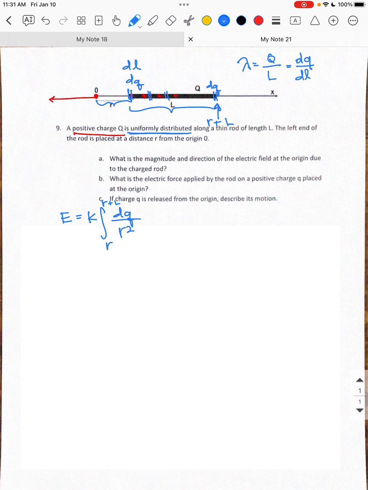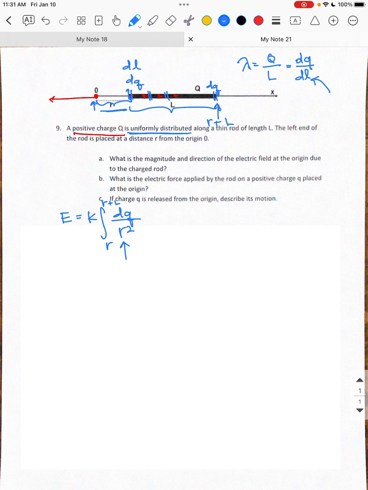Now, when we are working in this scenario, pieces of length can correspond to the distance that the piece of charged object is from the position we're looking in question. And so in this scenario, I can take my r squared and represent that as my dl.